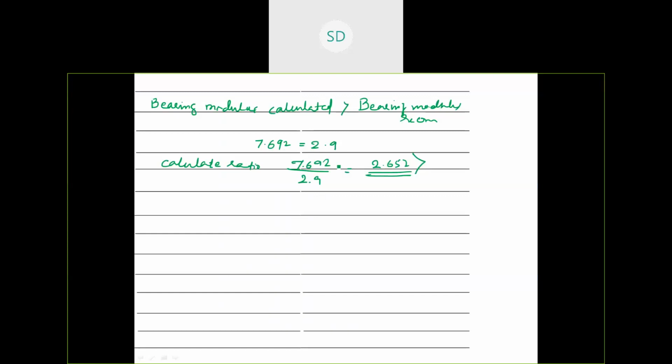Now for the type of lubrication, whether it is thin film lubrication or thick film lubrication. For thin film lubrication, the bearing modulus should be 3 times the minimum bearing modulus. For thick film, it has to be 15 times the required bearing modulus.